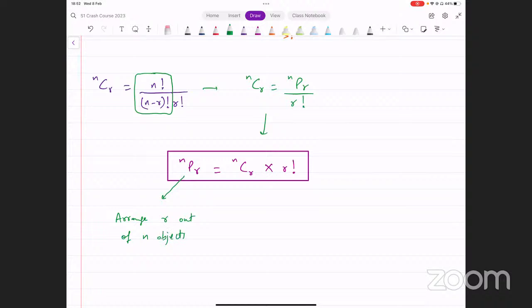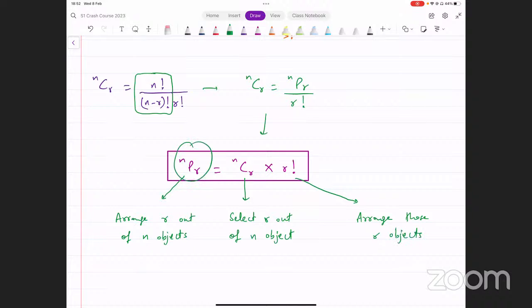What do you have on the right side? On the right side, nCr means select r out of n objects. And r factorial means arrange those r objects.